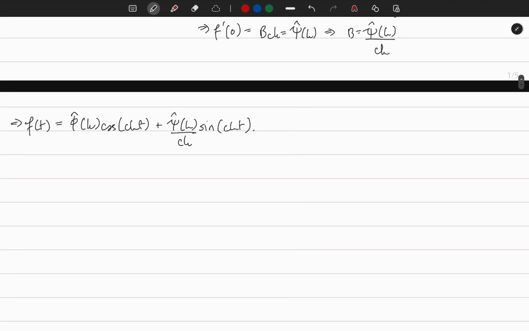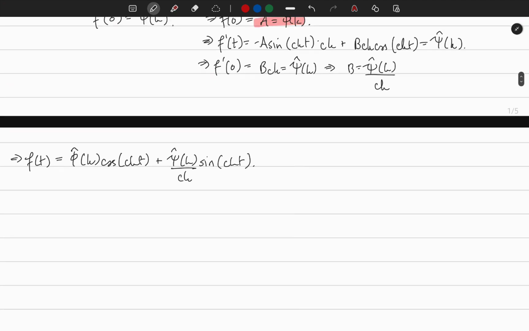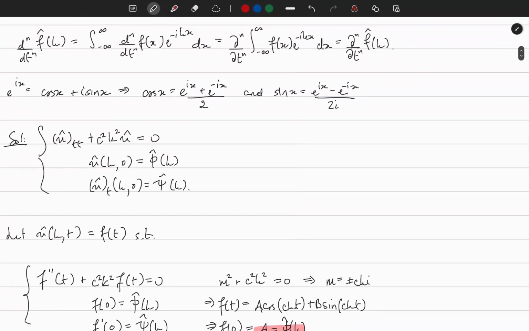Alright, so yes, we solved the differential equation, but let's see where we got this. What is f of t really? F of t, remember we said f of t was u hat of k, t, the solution of this problem right here, the transformed star.